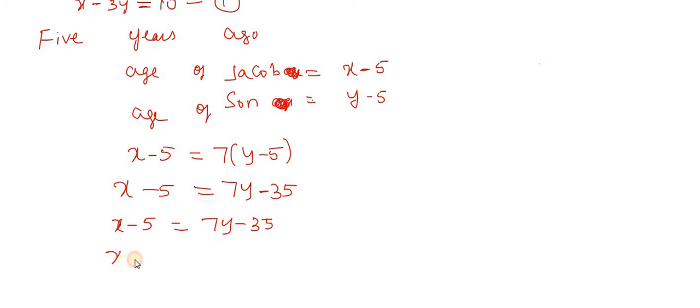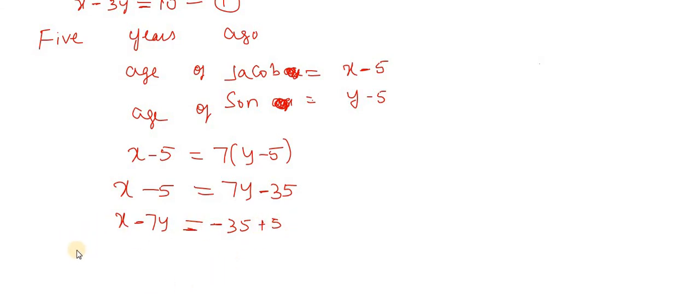Simplify, x minus 7y. Okay, wait, I'll change this. So here x minus 7y equals minus 35 plus 5.